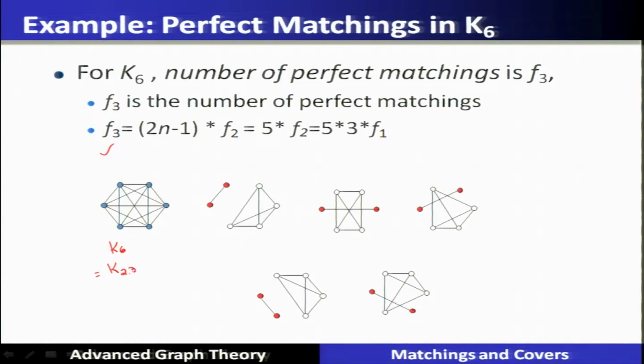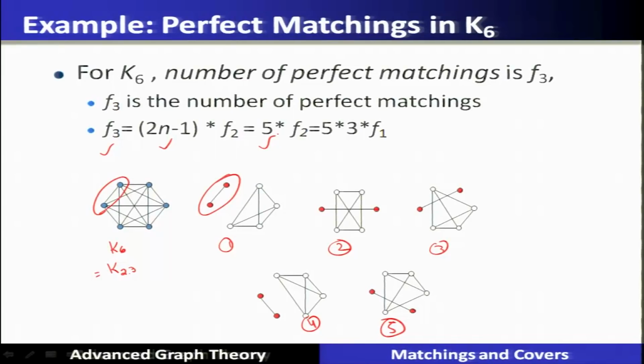Now we can see that if we select this particular edge, there are 2n minus 1 ways, that is 5 different ways. This is 1 way, 2 ways, 3 ways, 4 ways and 5 different ways, because there are 5 different pairings possible in K 6.